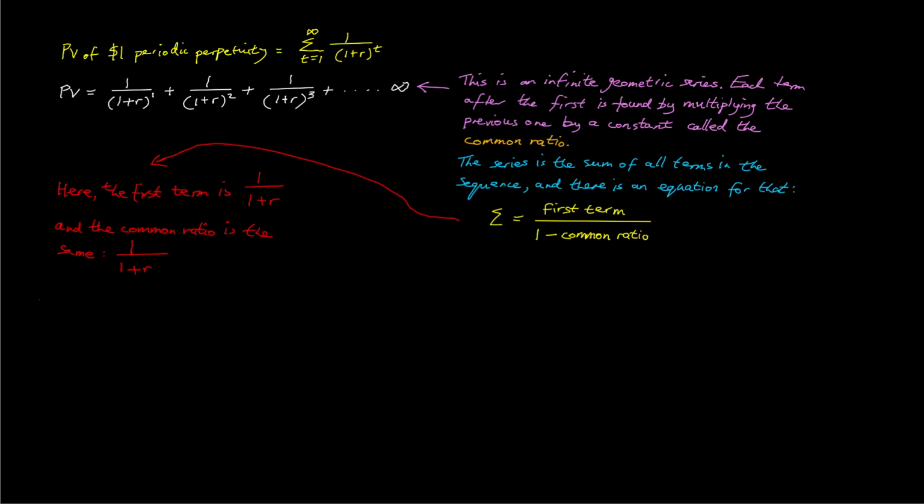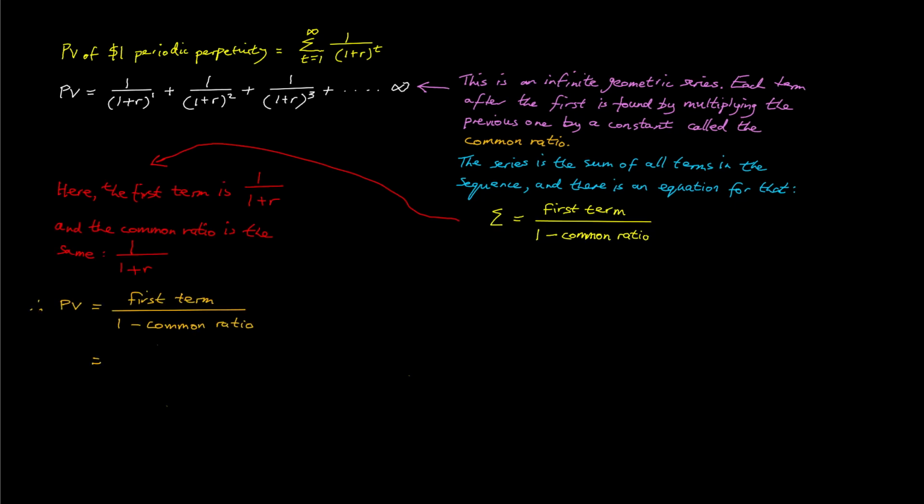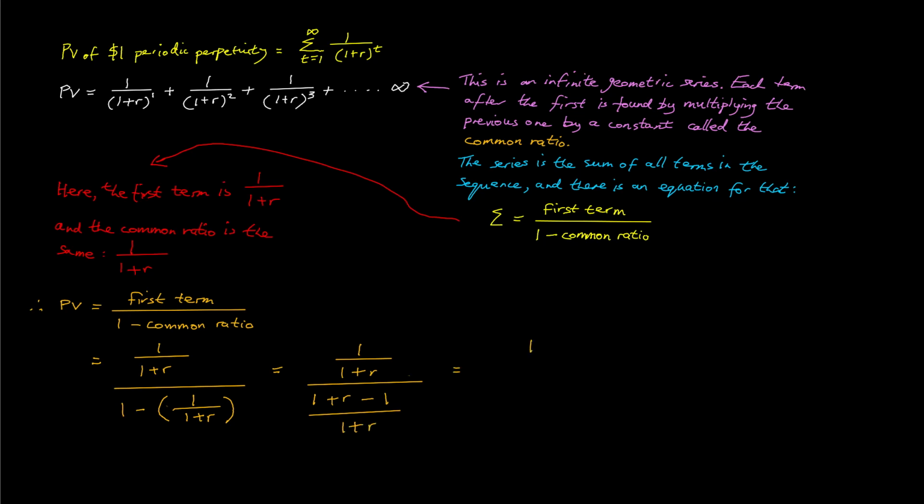When we substitute these values into our equation for the geometric series and work through the algebra, we see that something very interesting happens. The denominator simplifies to r divided by 1 plus r, and when we do just one more step, we see that everything neatly cancels out to leave us with just 1 divided by r.